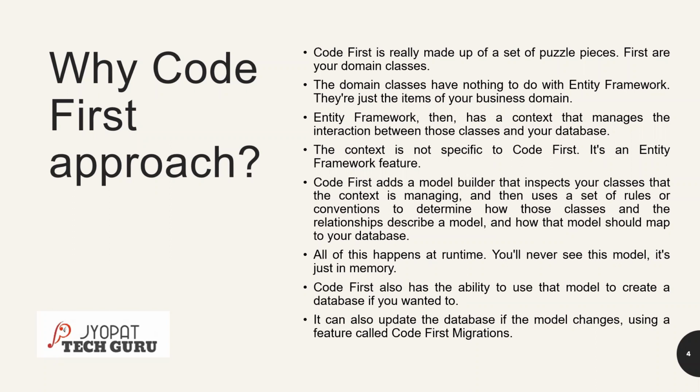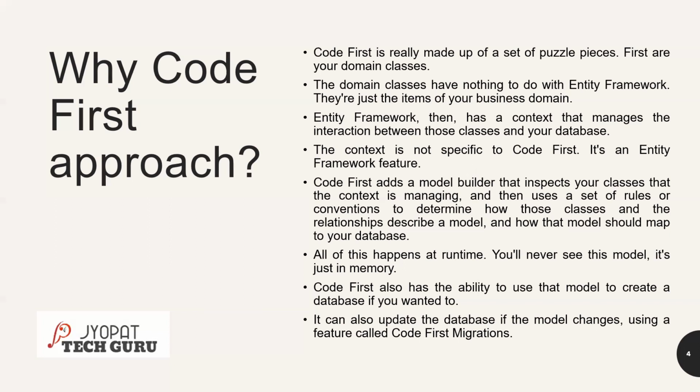Code first adds a model builder that inspects your classes that the context is managing, and then uses a set of rules or conventions to determine how those classes and the relationships describe a model and how that model should map to your database. All of this happens at runtime. So during the execution time, it is going to generate the database.